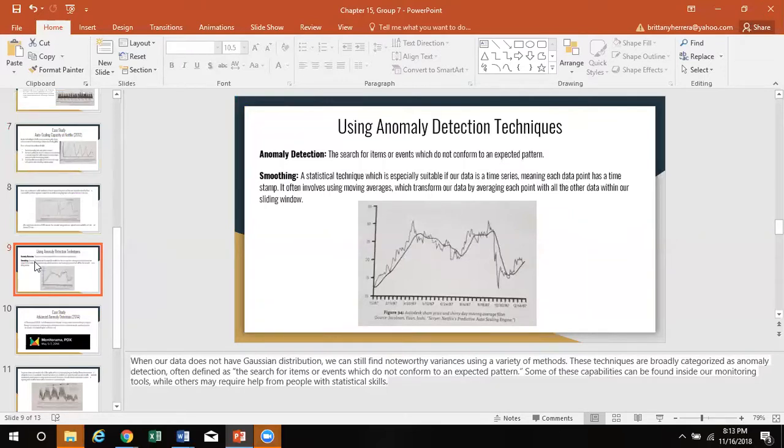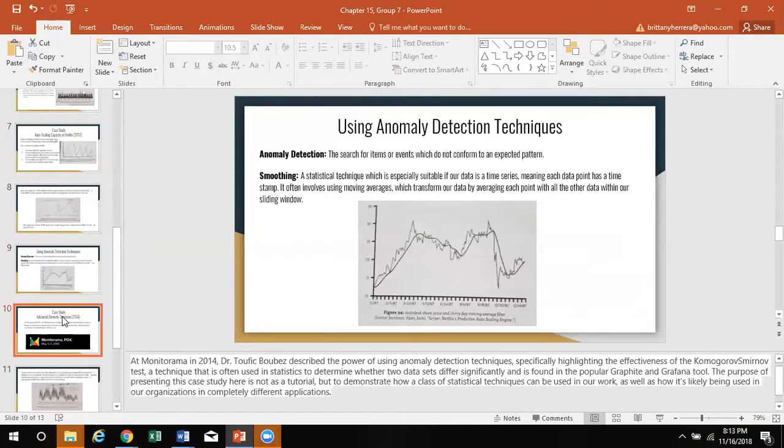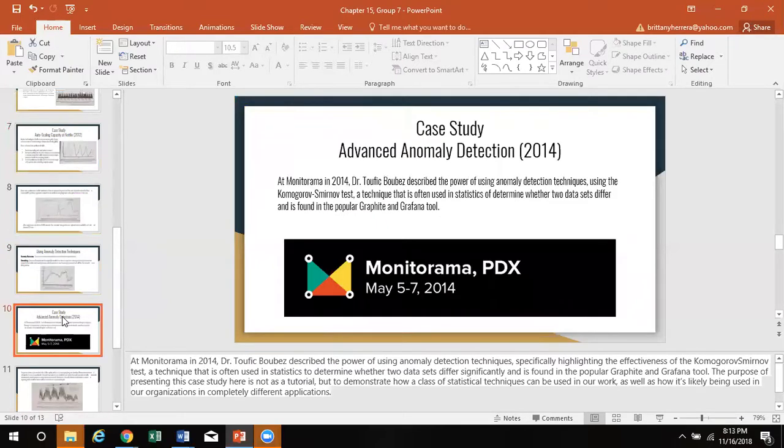Some of these capabilities can be found inside our monitoring tools, while others may require help from people with statistical skills. So we have a case study, advanced anomaly detection at Monitorama in 2014.